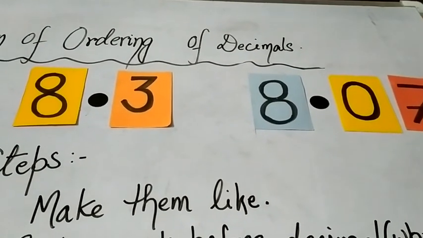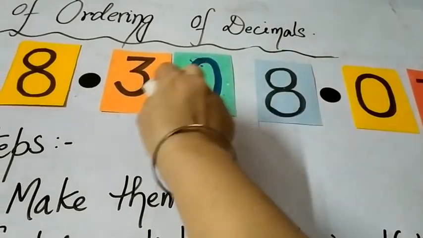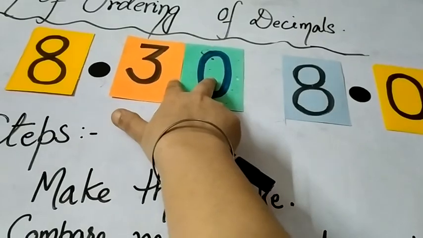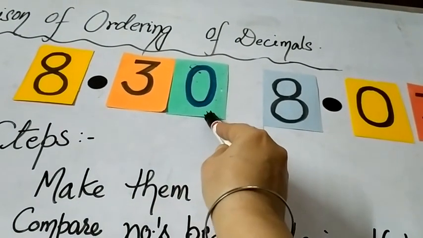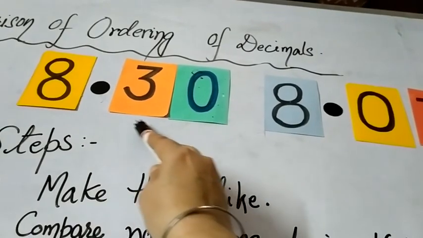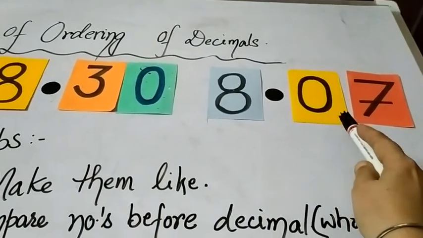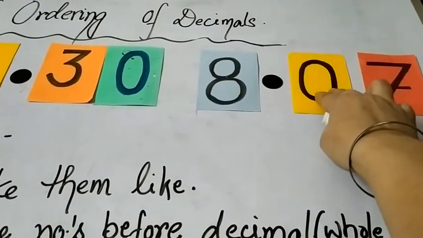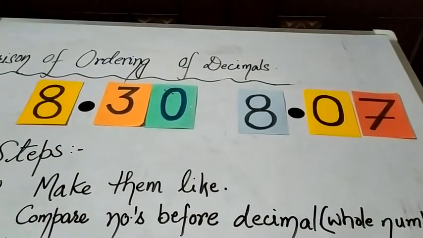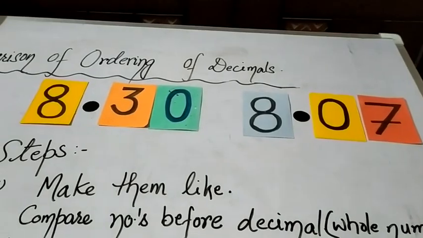We put a 0 to fill the blank space. Here we were short of one digit, so we used a 0 to make it two, because our second decimal number has two digits after the decimal. Now both the numbers are like. That is the first step.